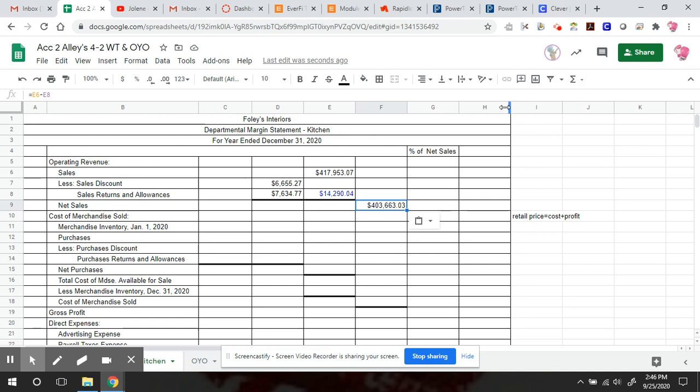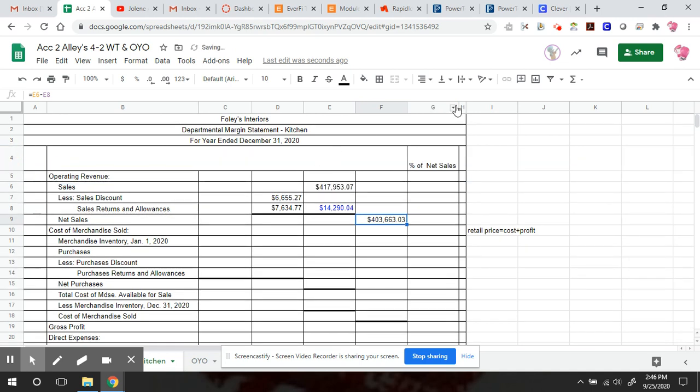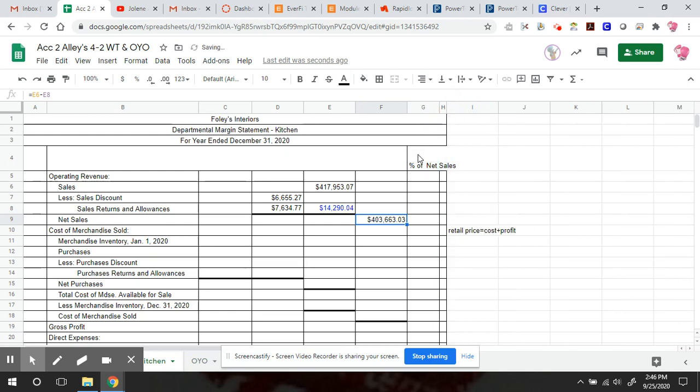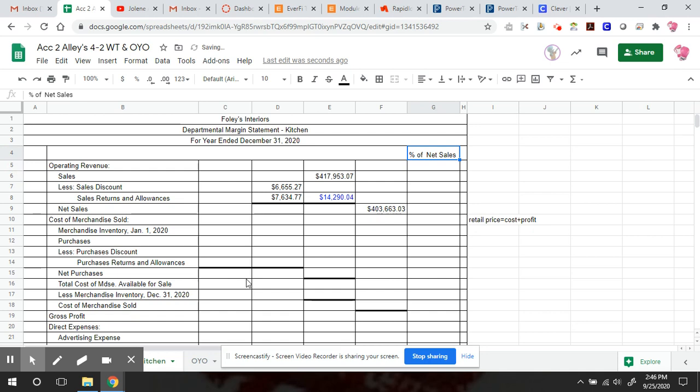To make it look like the book, I'd drop this a little and tell it to wrap around. I don't know how to do that in Google Sheets, but in Excel you would tell it to wrap around. All right, so I'll put that back up here.